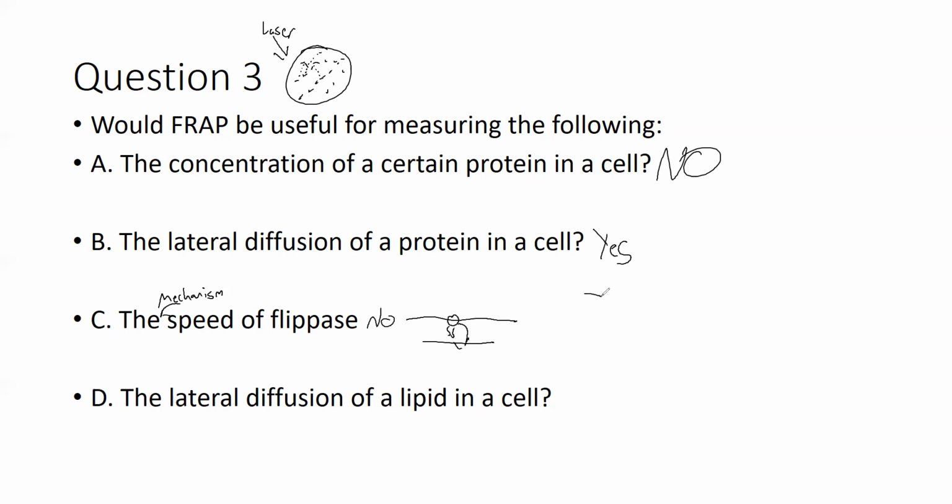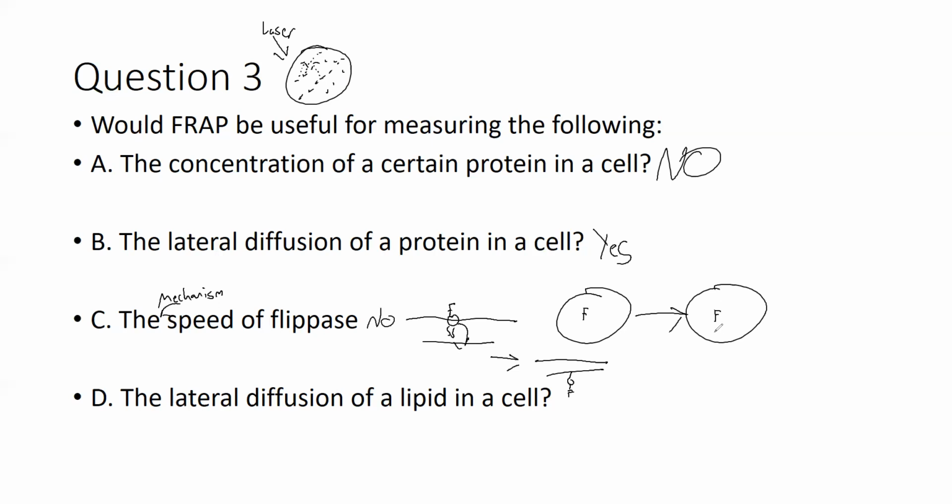When we're looking at a cell, we're looking down on it. Let's say you fluoresce this cell, and it has fluorescence. Then you move it to the other side of the membrane. It's going to be in the same location, just on the other side. So if we were looking at this fluorescence in a cell, it would be like, well, the fluorescence is right here. Flippase works. Okay, it does not look like it moved at all.